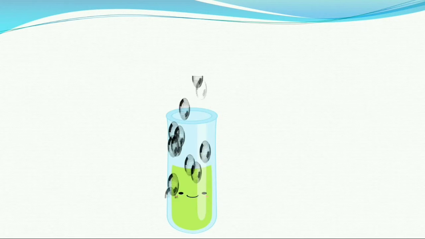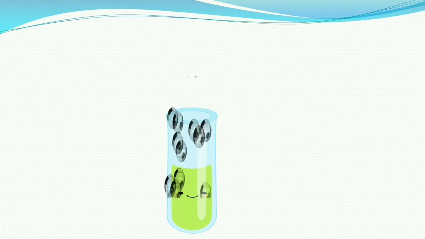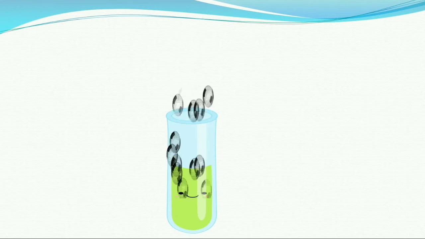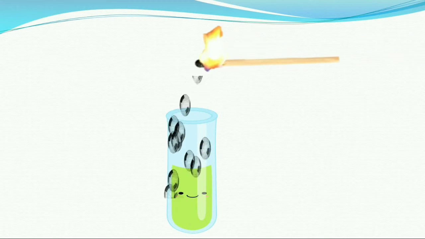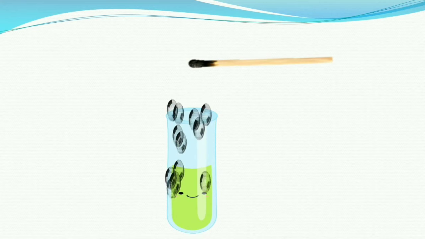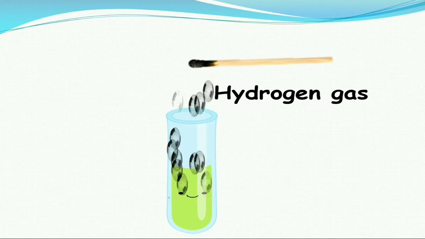Take one of the 5 test tubes, because the same gas is releasing in all of them, and check these bubbles or gas with a burning matchstick. It goes out with a pop sound, which is nothing but the hydrogen gas. So from this, do you find any difference in these reactions?